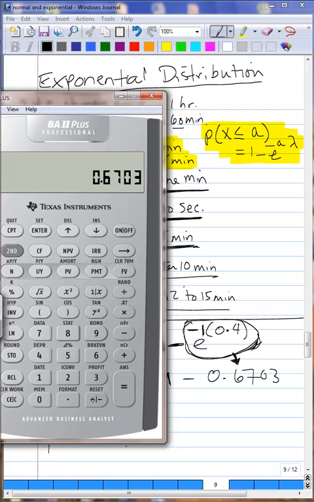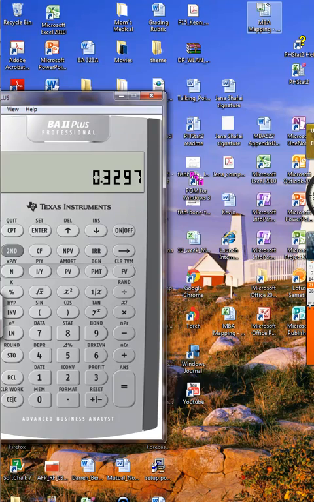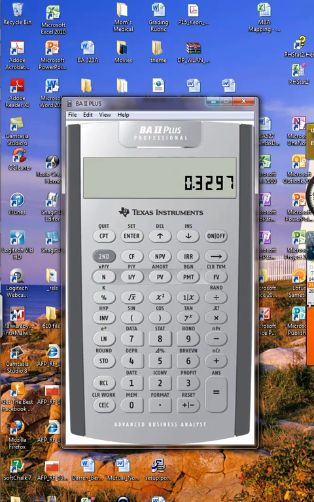I want to change that to be a negative number, so I push the plus or minus key. Once it's negative, I'm going to add 1, plus 1. And the answer, of course, is going to be 0.3297, as you can see on the calculator display.